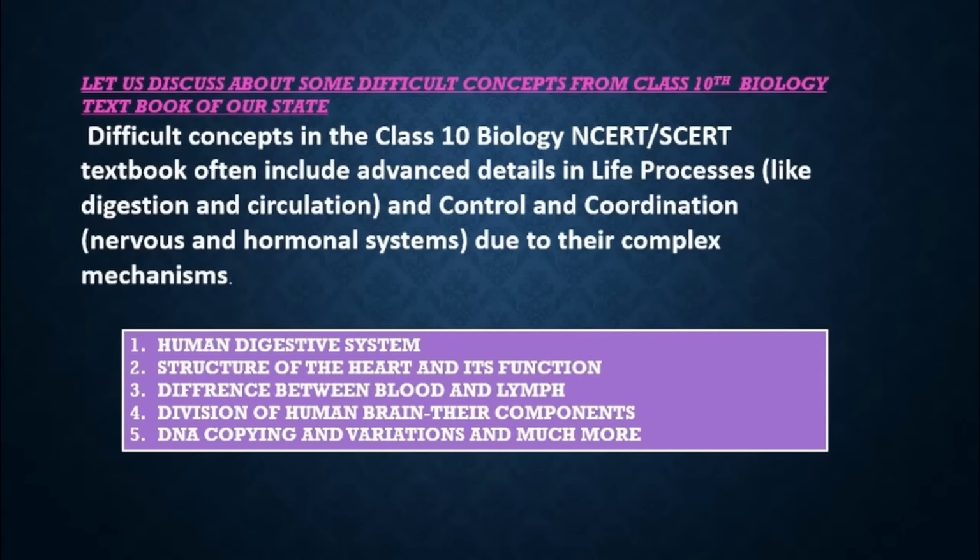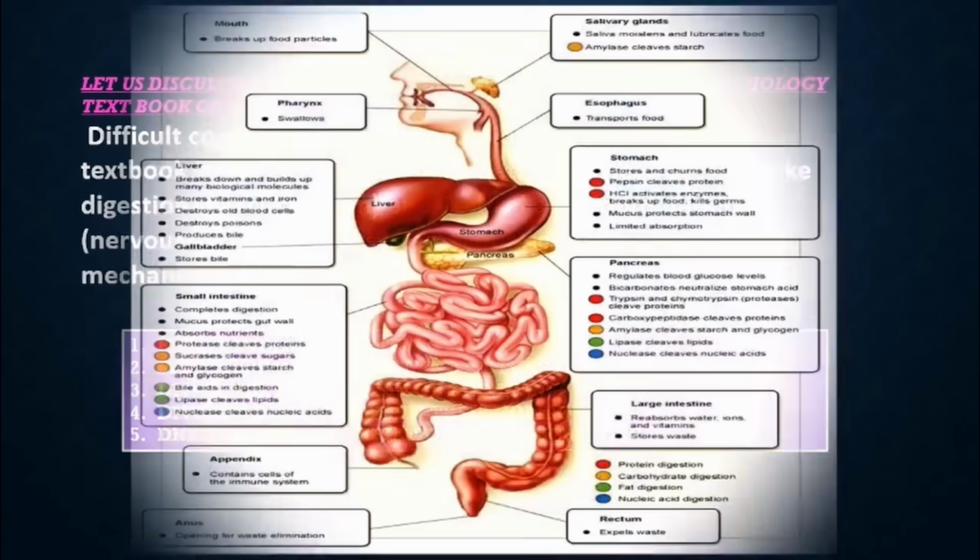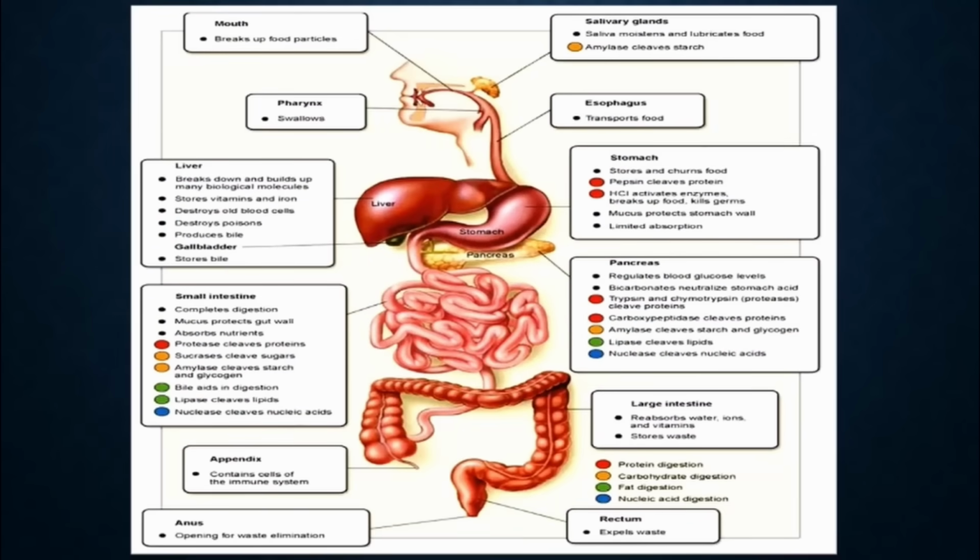In the first chapter itself, as far as the human digestive system is concerned, both teachers and students find it a little challenging to memorize the parts involved in the digestive system and their functions.